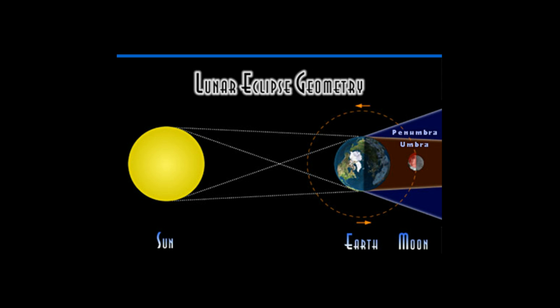Okay, so when can we see lunar eclipses then? The moon passes through both the umbra and the penumbra in stages. Write that down.